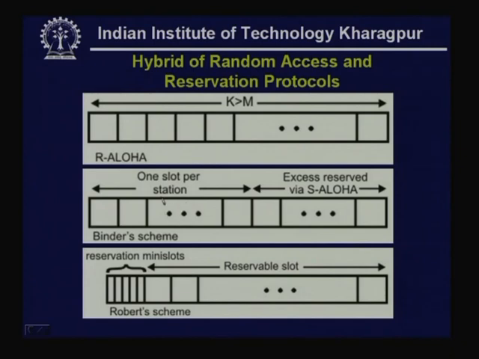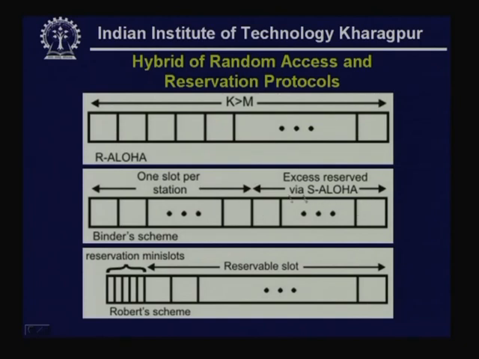Another technique is used when the number of stations is smaller than the number of slots, then you have implicit allocation. So, this is 1 slot per station, since the number of stations is small, and then the excess slots can be accessed by using reservation Aloha or slotted Aloha.